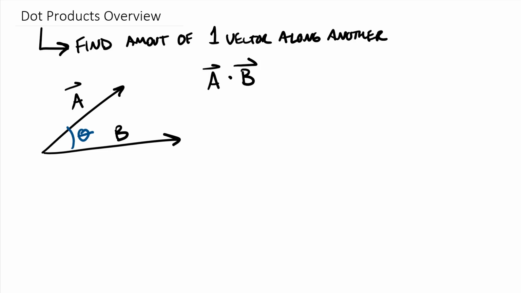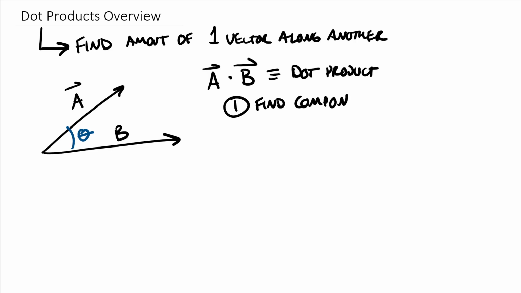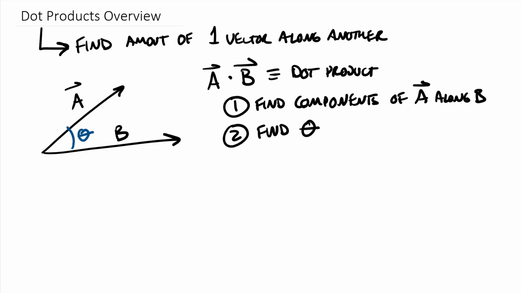And this is a dot product, and we can use it either one to find the components of A along B. We also can use it to find the angle, find theta between A and B. Now, finding that angle theta can be trivial if we have a two-dimensional problem, but especially on 3D problems, finding that angle can be quite complex. And so it's a useful tool for that.